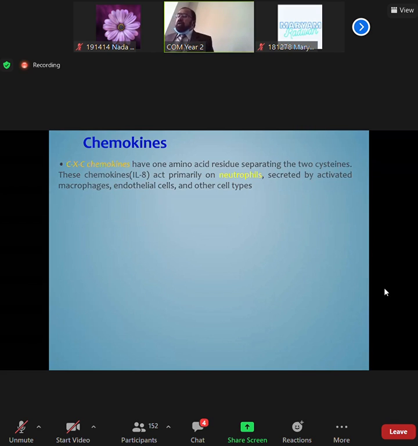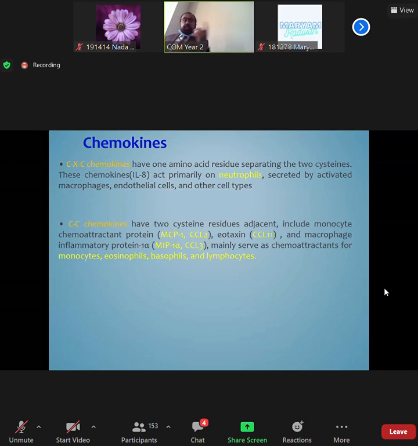This chemokine, which is IL-8, acts primarily on neutrophils, so they attract neutrophils more. So if I ask what is the chemokine for neutrophils, you will say CXC, right? Because I have highlighted this. It's important. If you just see it, you will remember. CXC for neutrophils.